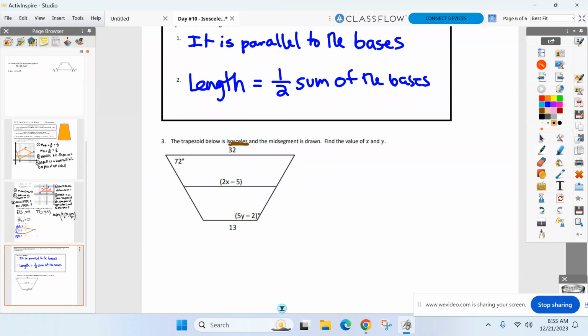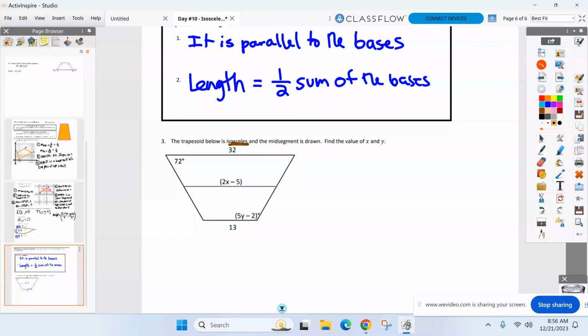We just went over the mid-segment and how to find it. Let's get going so you can get started on the assignment.